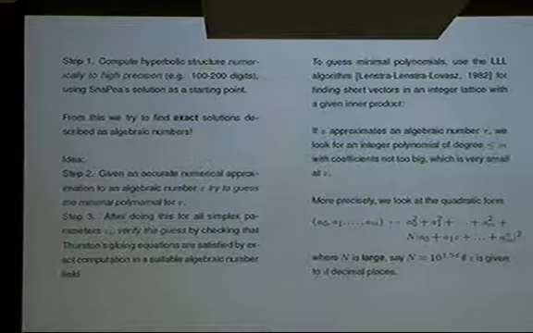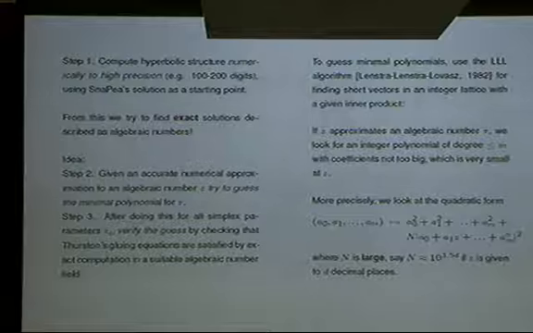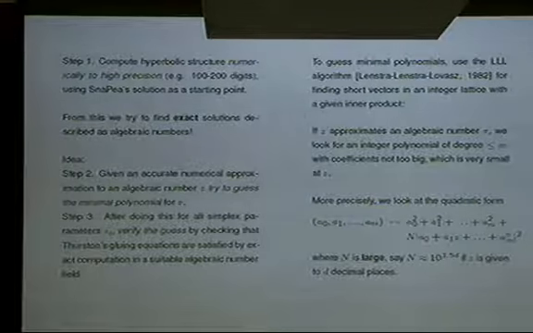Well, what we do is try and pick the coefficients of our polynomial. So we're going to have coefficients a0, a1 up to am. These are going to be some integers. And we're going to look at the sum of the squares of the coefficients, plus basically some large constant times the size of this polynomial with z substituted.